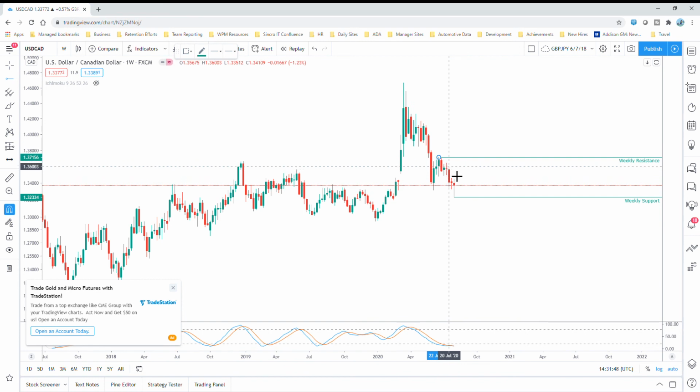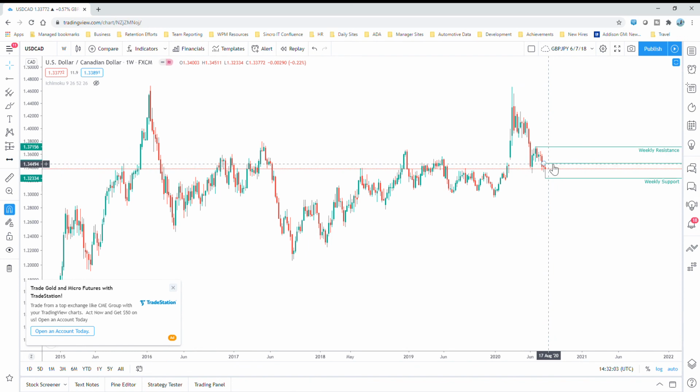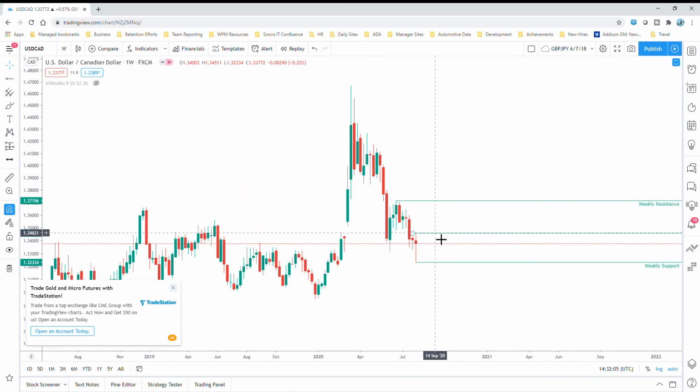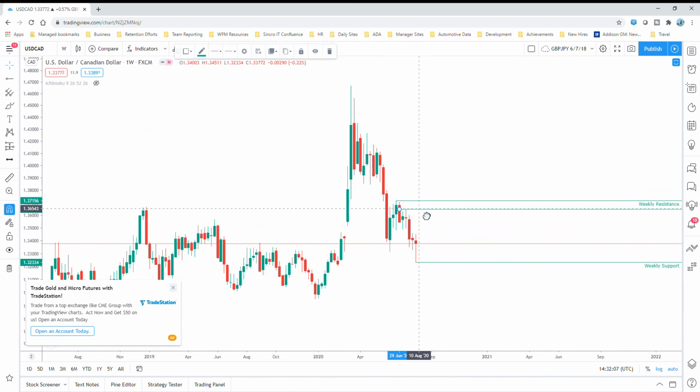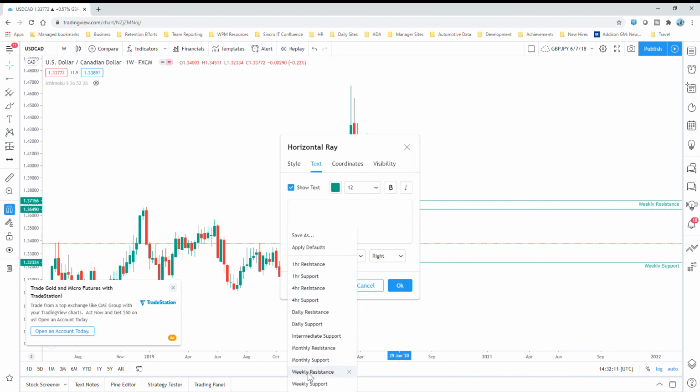If you look left, you'll see this zone here. From here to here is a zone, and even down a little below it is a zone all the way to the left. So we want to watch this area as a time frame that'll be important to us going forward. So move this up here, make this a weekly resistance as well.